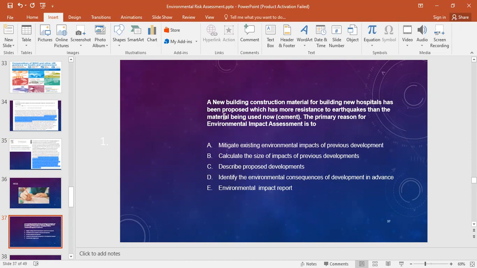The primary reason for environmental impact assessment is to mitigate existing environmental impact of previous development, calculate the size of impact of previous development, describe proposed development, identify the environmental consequences of development in advance, or environmental impact report. B. D. D is the correct answer. Identify the environmental consequences of development in advance.